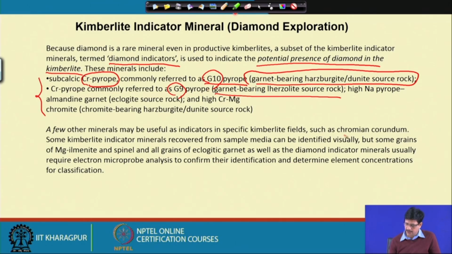Sometimes you can also get chromium corundum in specific kimberlite fields. Sometimes magnesium-bearing ilmenite, we also get spinel and grains of eclogitic garnet, and these are also diamond indicator minerals.